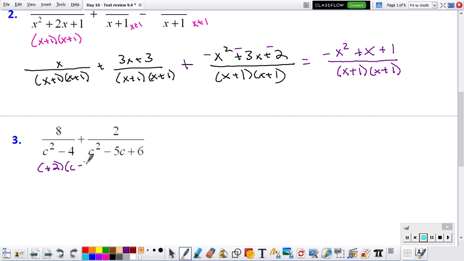And that's going to give us 8c minus 24 over c plus 2, c plus 3, minus 3.